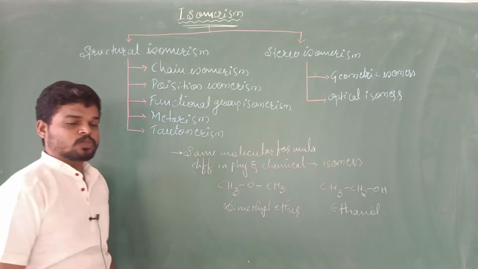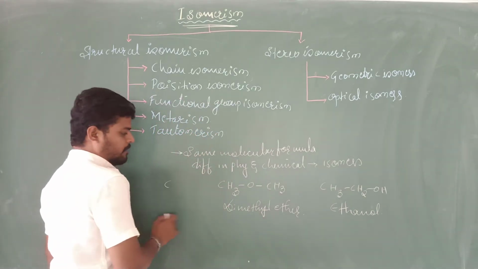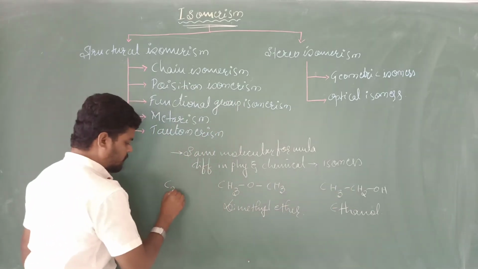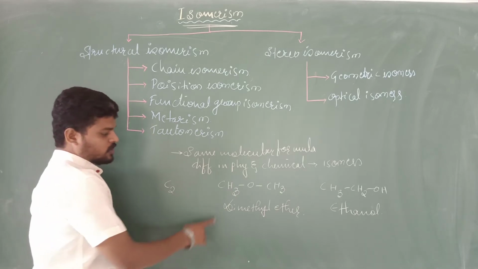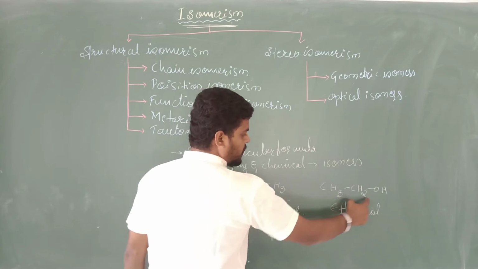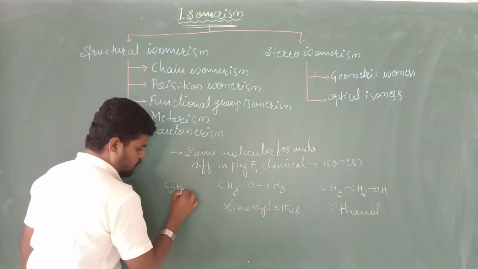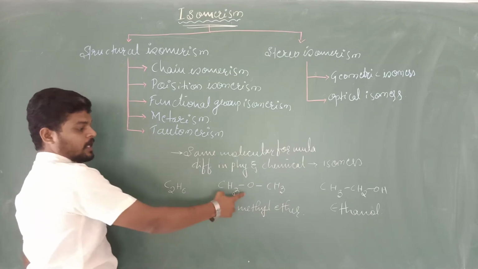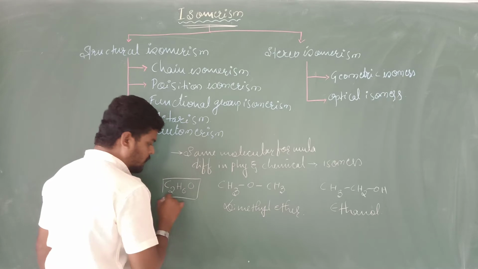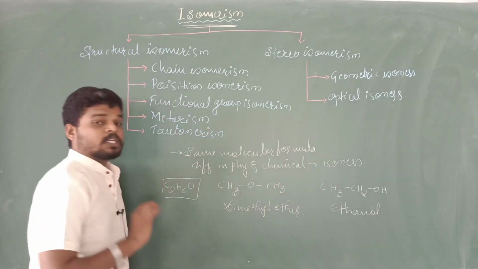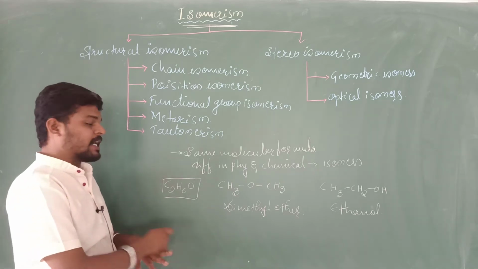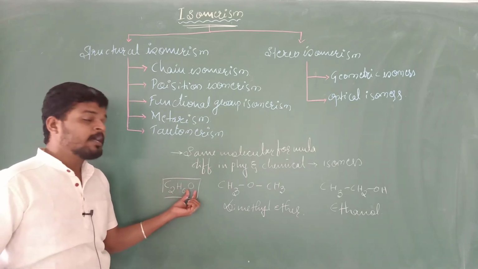If you look at these two compounds, both have 2 carbon atoms, and the number of hydrogen atoms is 3 plus 3, 6, and here 3 plus 2, 5 plus 1, 6. Again they have the same number of hydrogen atoms and 1 oxygen, and here also 1 oxygen. So these are two compounds having the same molecular formula, which means both have 2 carbon atoms, 6 hydrogen atoms and 1 oxygen atom.